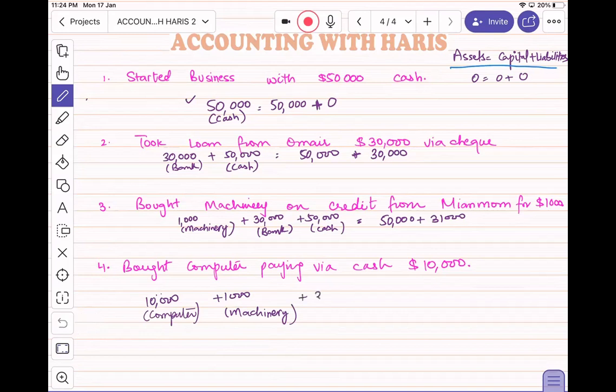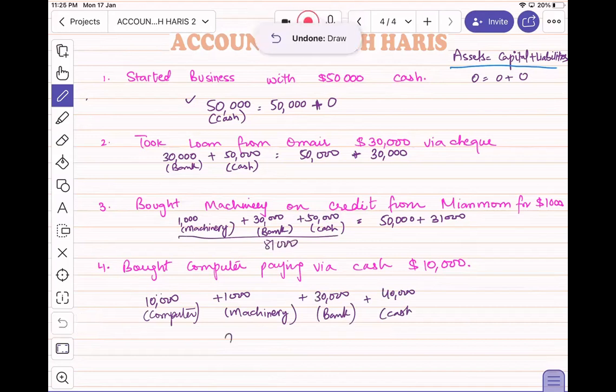Your bank amount would stay 30,000 still, but now your cash would reduce by $10,000. We had 50,000 cash previously, but now we paid $10,000 cash in order to buy a computer. So my cash would be 40,000. Now, if you total it, this is $81,000. And if you total this as well, this would also be $81,000.